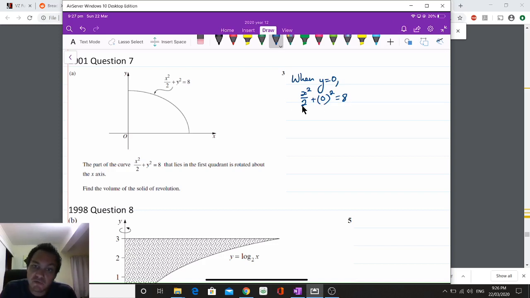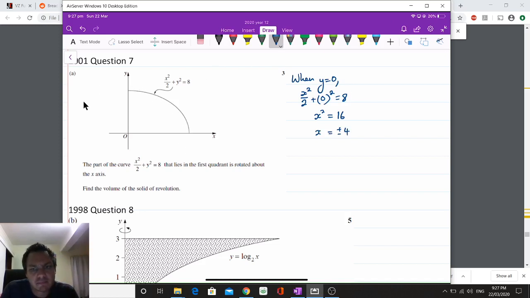So now we can just solve this, and that's nothing, so I'm going to ignore that. And then we're going to multiply both sides by 2, so x squared is equal to 16, and therefore x is going to equal plus or minus 2, square root of 16 is 4.